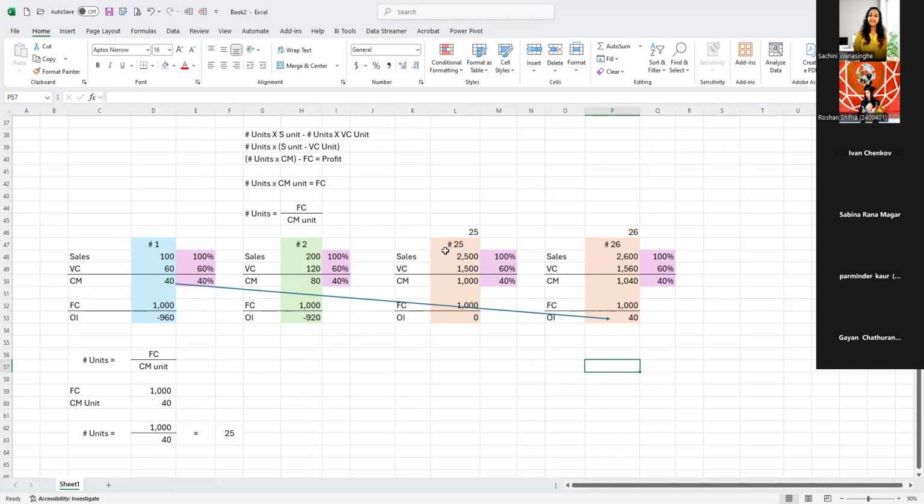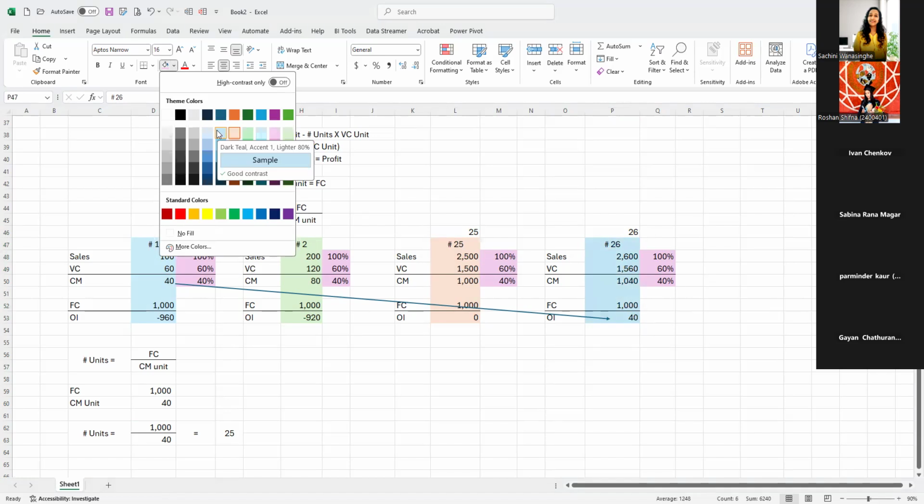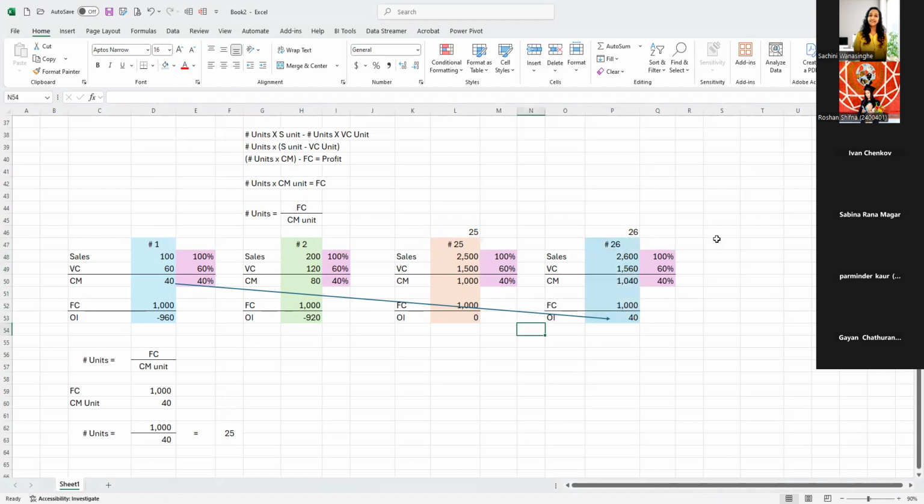Yes, sir. Once we pass the break-even point, for every additional unit that we sell, the contribution margin comes directly to our income. So if I sell 2 additional units, how much will be my operating income? 80, right? If I sell 10 additional units, how much will be my operating income? 400.